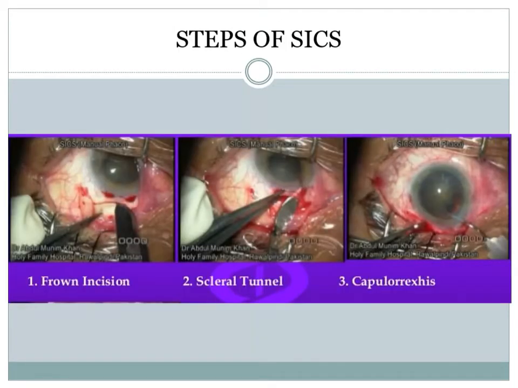Now, next thing is steps of small incision cataract surgery. All of you know that small incision cataract surgery is any incision less than 7 millimeters in size.